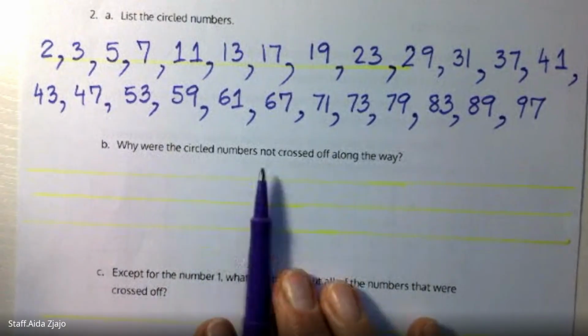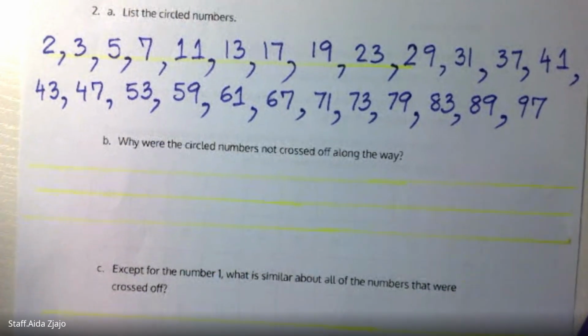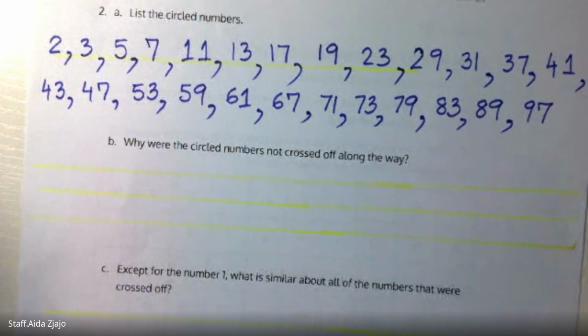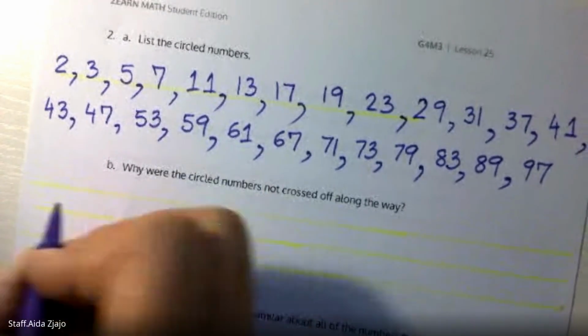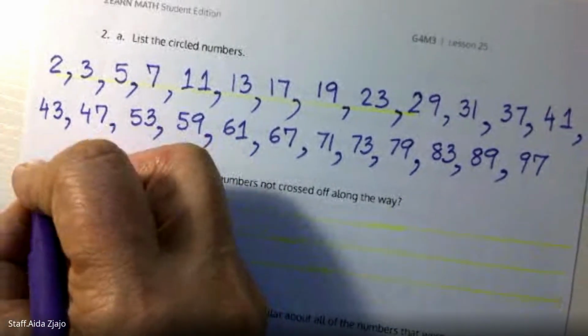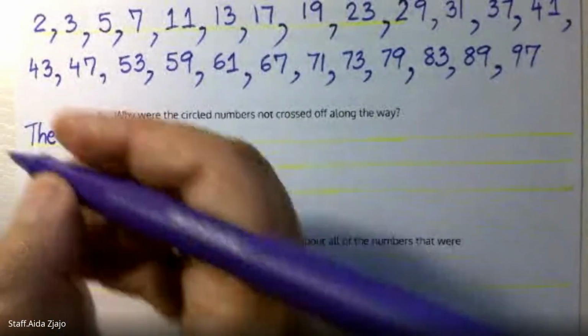Why were the circled numbers not crossed off along the way? Okay, they are not crossed because they are prime numbers. Let me write nicely.